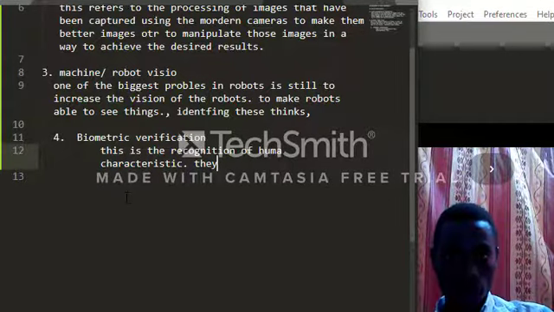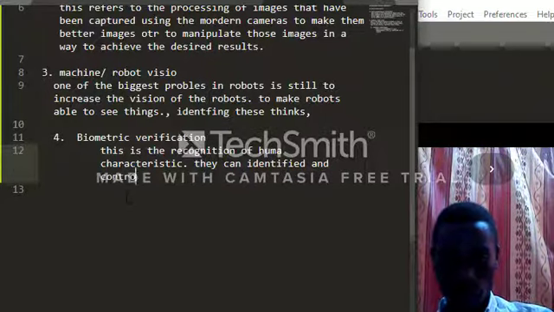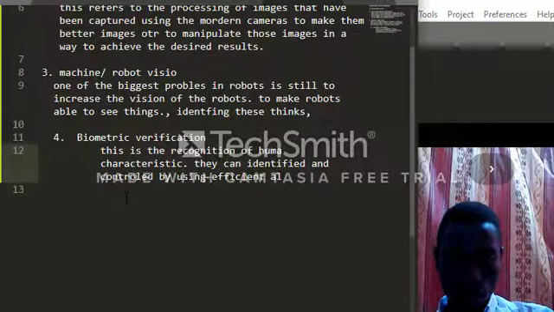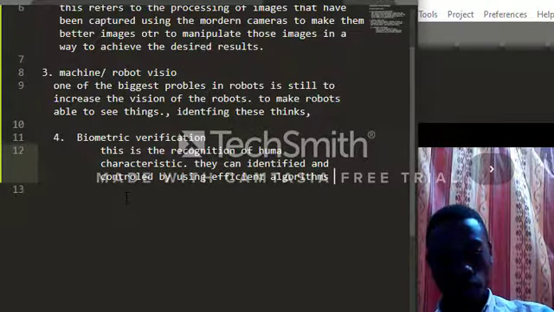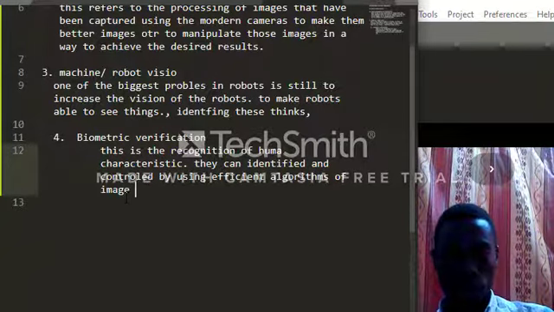These characteristics can be identified and controlled by using efficient algorithms of image processing.